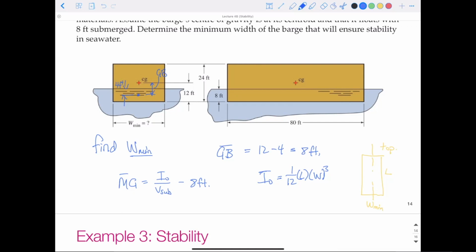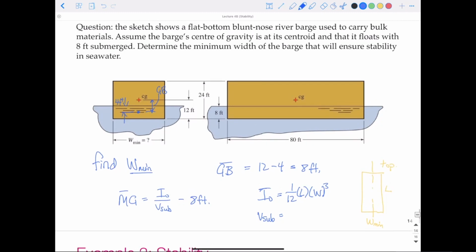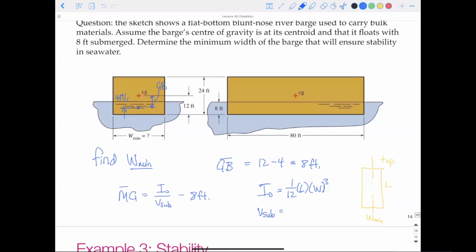And our submerged volume would be equal to W times L times H, right? Width times length times the draft.